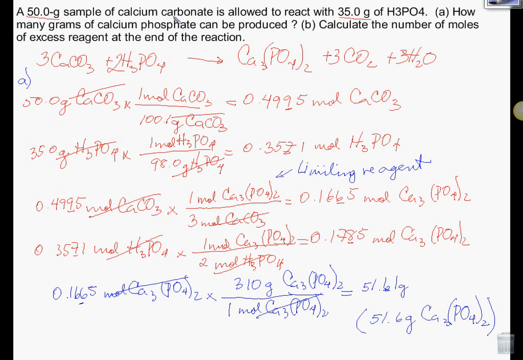So we say, well, we have 0.4995 moles of calcium carbonate, which is the amount that is actually reacting, but we need to know with how many moles of phosphoric acid this amount of calcium carbonate is going to react. According to the equation, 3 moles of calcium carbonate will react with 2 moles of phosphoric acid.